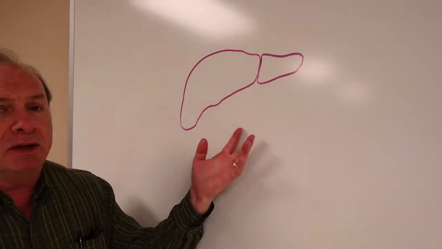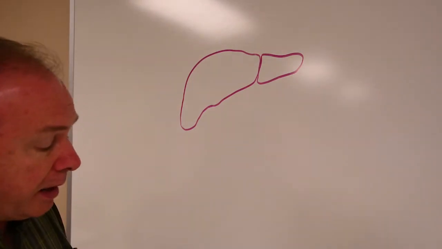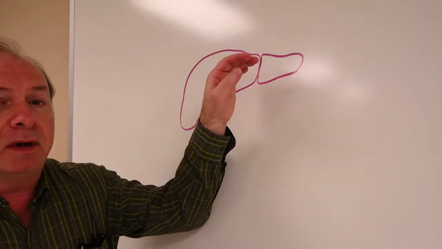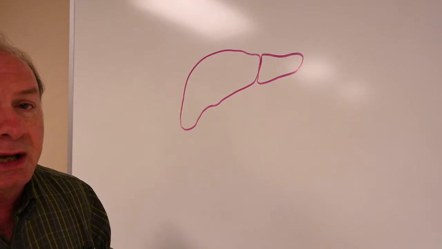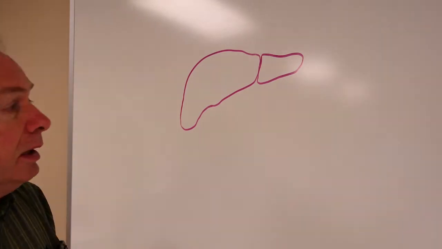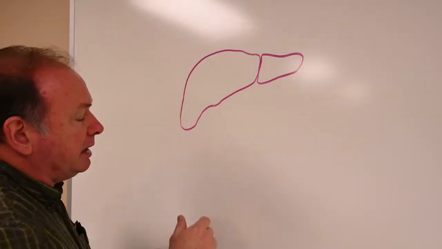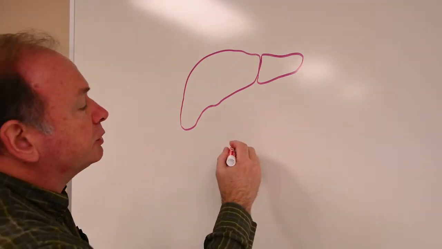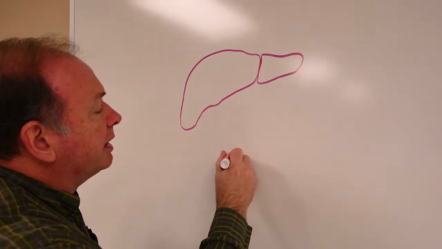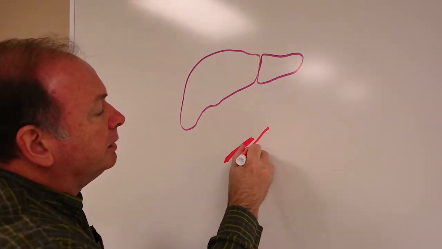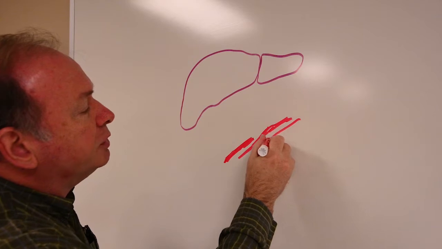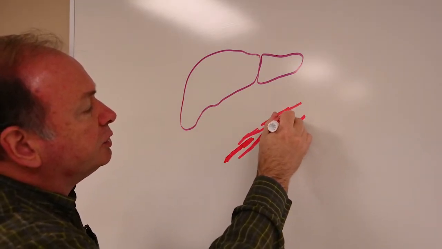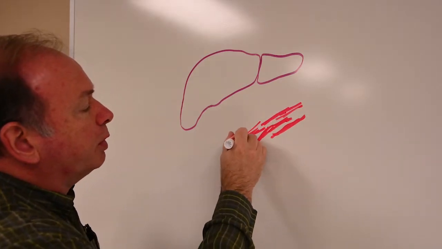So to begin with, our basic shape of our liver here, on the outside of the liver you're going to have a thin layer of connective tissue, and on the outside of that a mesothelial layer. If you were to take a little tiny chunk of that outside layer and look at it under the microscope, you would see that it consists of a lot of collagen fibers, and among those collagen fibers, of course, there would be a fair amount of other connective tissue related cells, mostly fibroblast cells.